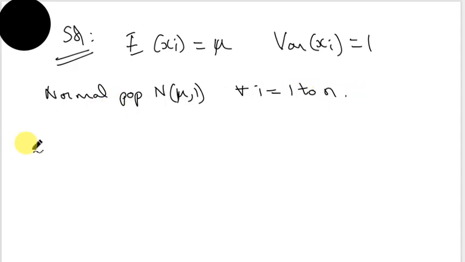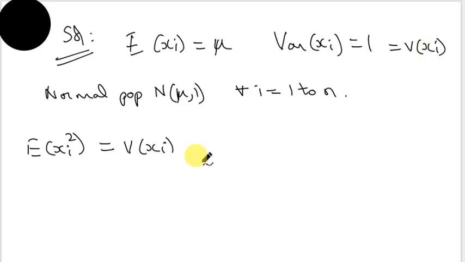Now I want E of xi squared. I know that the variance of xi, which I denote as V of xi, is E of xi squared minus E of xi the whole squared. Rearranging, E of xi squared is variance of xi plus E of xi the whole squared. This, from the data that we have, is 1 plus mu squared.